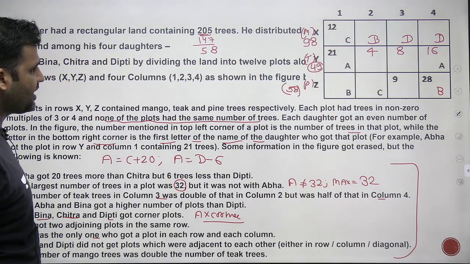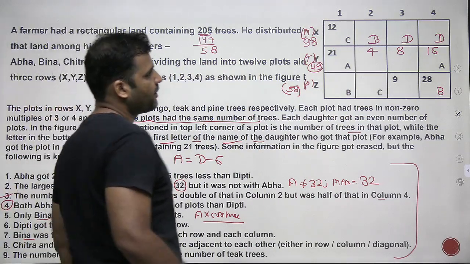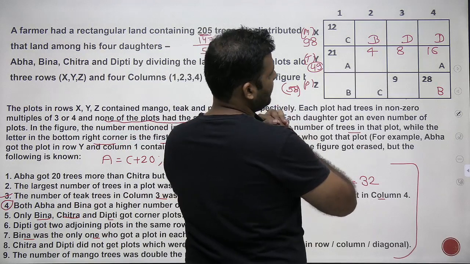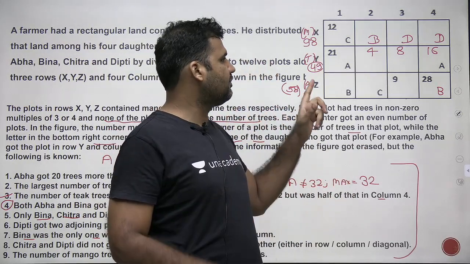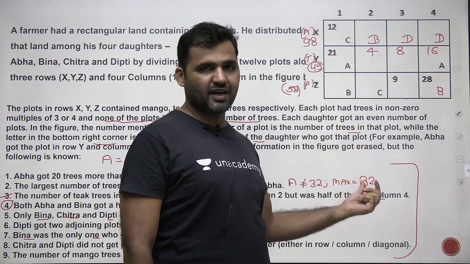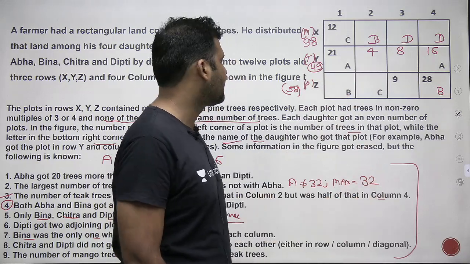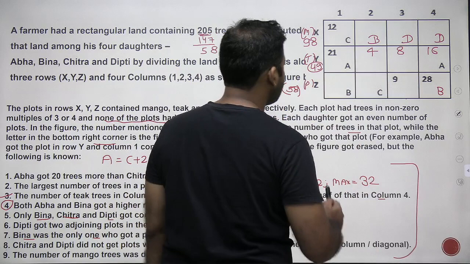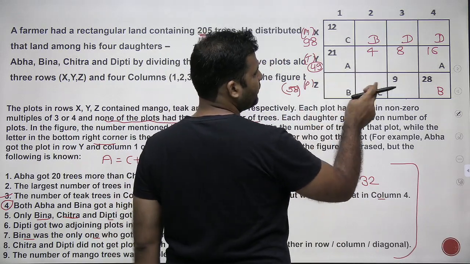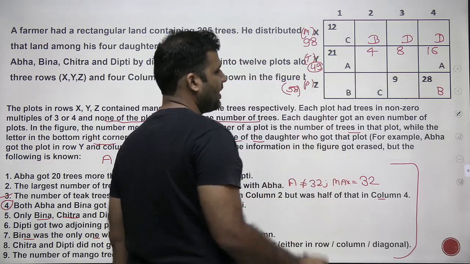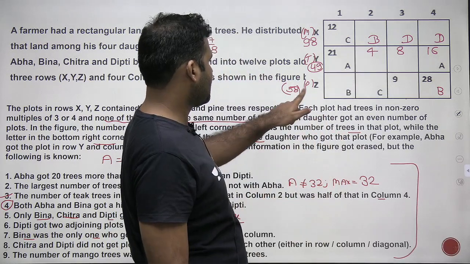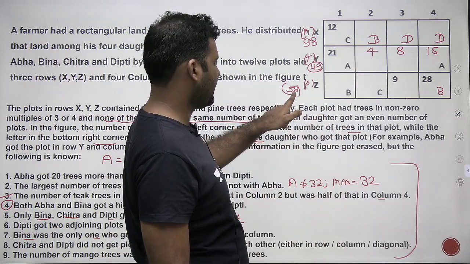So what's the next point that we need to use? I know that there is one plot which definitely has the maximum number of trees, and that is 32. Now, is it possible that any of these two will have 32 trees? Let's see. The total number of trees is 58 here, right?